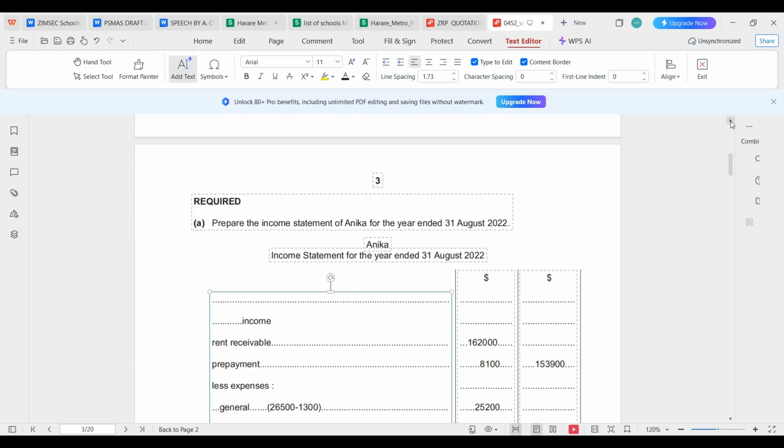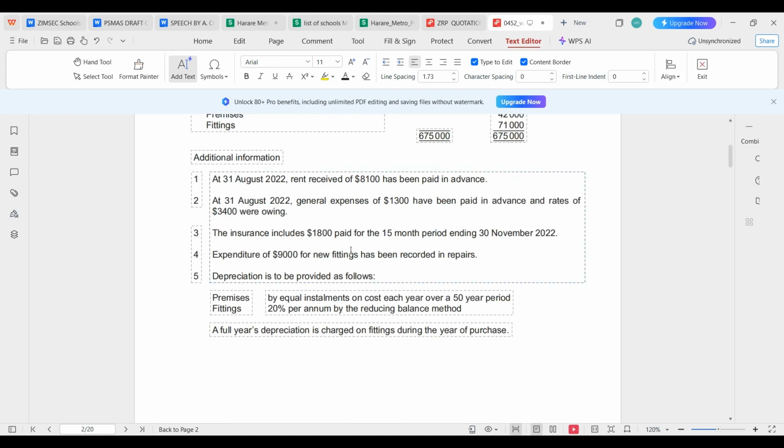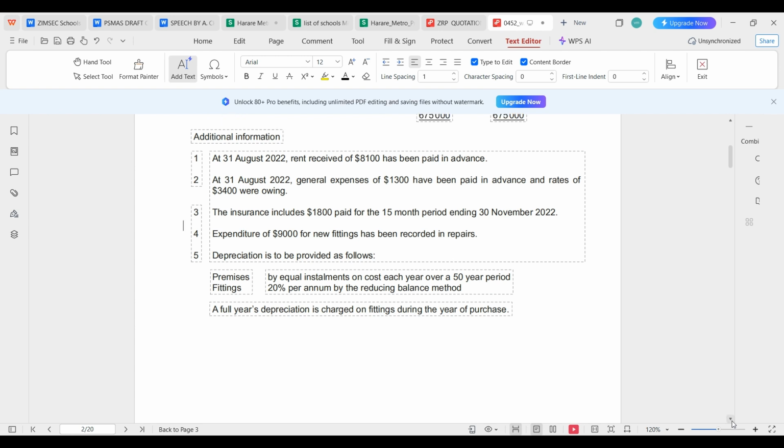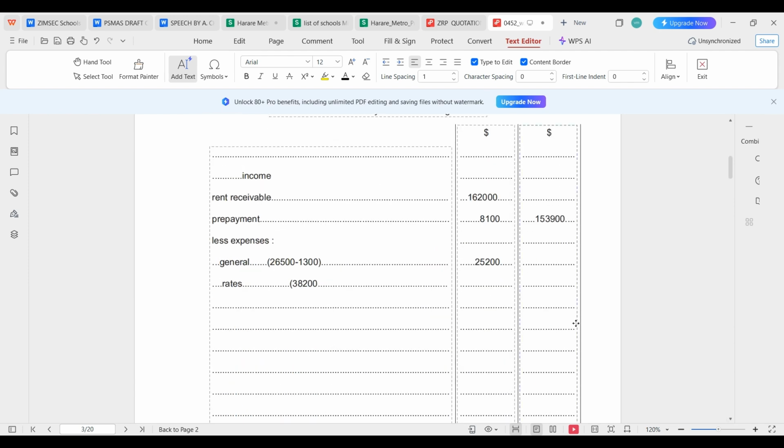In this case, according to adjustment number 2, we are told that rates of 3,400 were owing. Remember, owings are basically accrued expenses. They should be added to our expenses. So we are going to add the 3,400 that was owing on our rates, because it's an accrued expense.